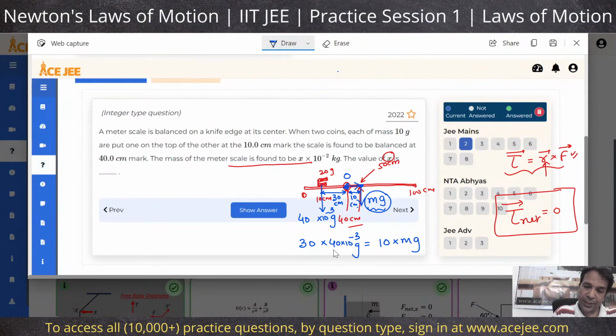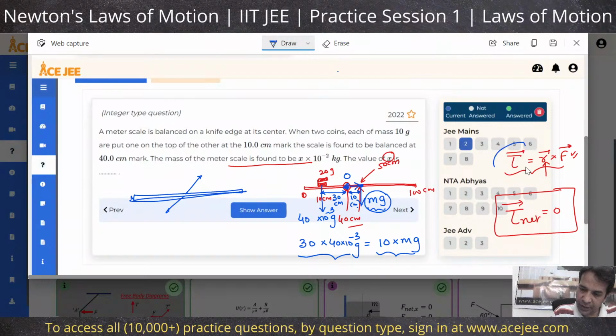And this is pointed straight out of the screen, perpendicular to the screen coming out. So the two torques should be equal in magnitude, right? If I were to draw it in three-dimensional view, one torque is acting this way, the other torque is acting this way. Both the torques should be equal.